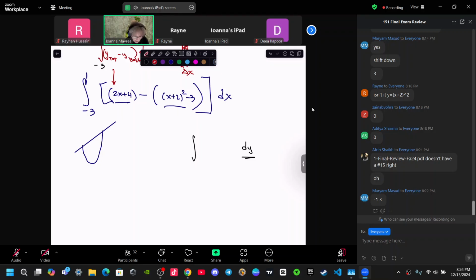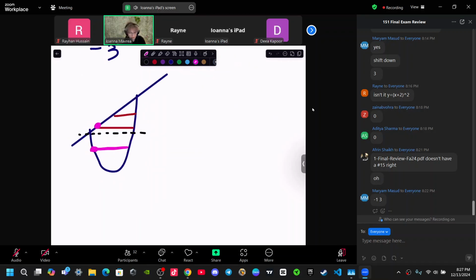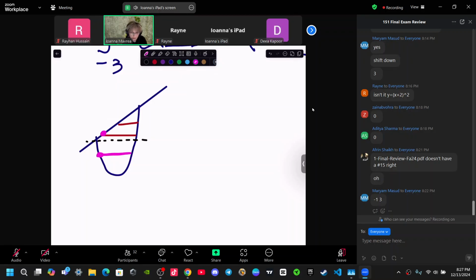So you attempt to put a line segment and you notice there is an issue. The moment you go past this point, the left part of the line segment jumps. This part jumps from the line to the parabola, right? So that tells me that you need one integral here and a different integral there. So this region, the top region, let's do it in green, requires one integral, and the bottom region requires a different integral.